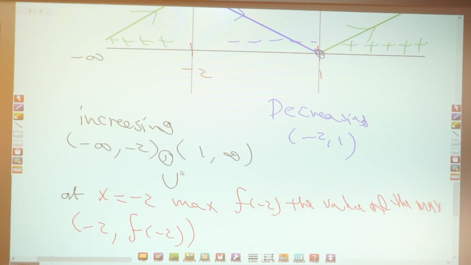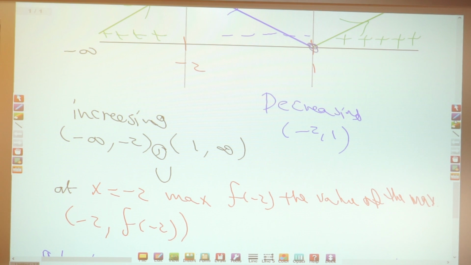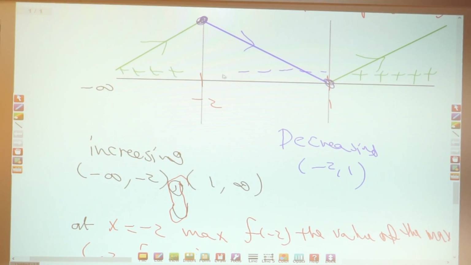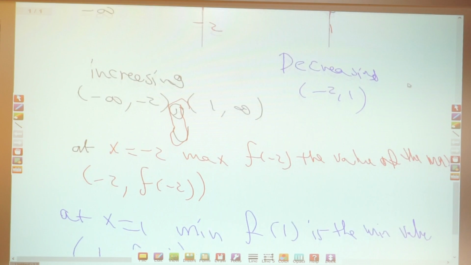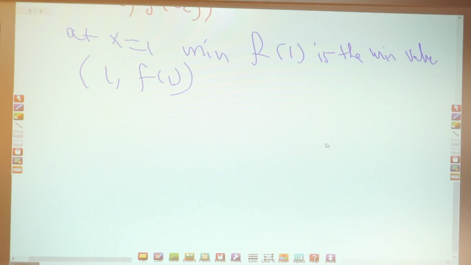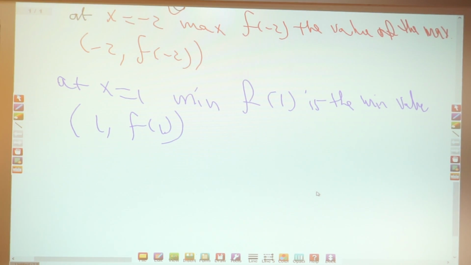Don't use and, use or. Then maximum at x equal negative 2, the value of the maximum is f of negative 2, minimum at x equal 1, the value of the minimum is f of 1. Good job.